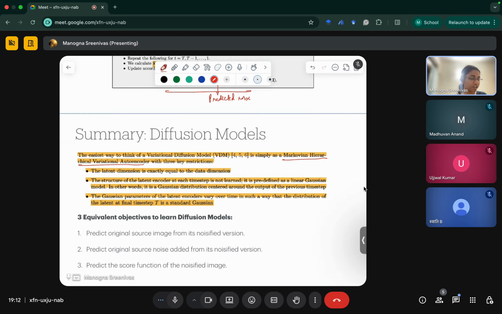If my image is 100 cross 100, then every intermediate latent, so x1 to xt, are all 100 cross 100. So unlike a VAE, there's no dimensionality reduction.